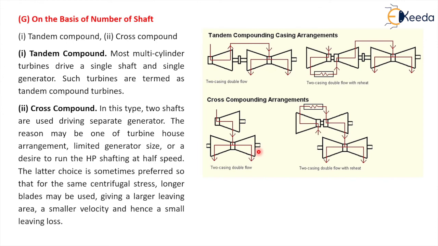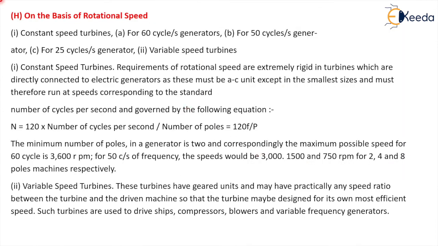Okay friends, now let's see another classification on the basis of rotational speed. Constant speed turbine, there are two types, for 60 Hertz frequency and for 50 Hertz frequency. These two turbines are used in different countries.